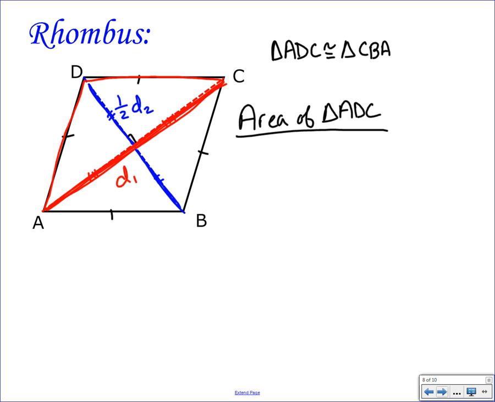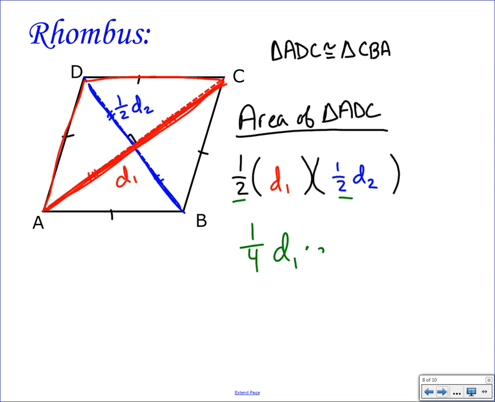Okay, so triangle ABC. The formula for area of a triangle is 1/2 the base. The base of that triangle is diagonal 1. The height of that triangle is 1/2 of diagonal 2. So if you multiply the numbers together, you get 1/4 of diagonal 1 times diagonal 2.